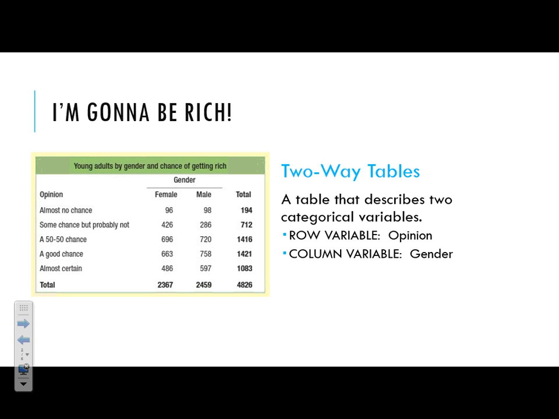Those are the categories. Within those categories, we have collected data, but the variable themselves are those subgroups of opinion. Our column variable is being represented by gender. So not only have we collected just the opinion of these young adults, but we've also broken it down by their gender. And that's going to allow us to do some comparison before we get to the end of this video.